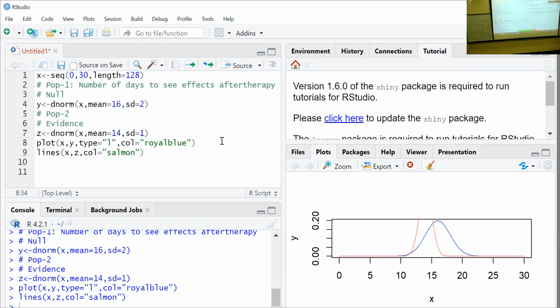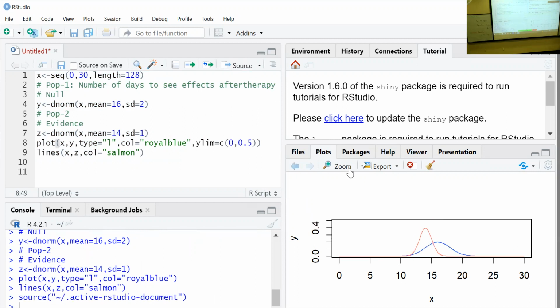Let me adjust the limit so you can see better. Okay. So that's the picture we get.